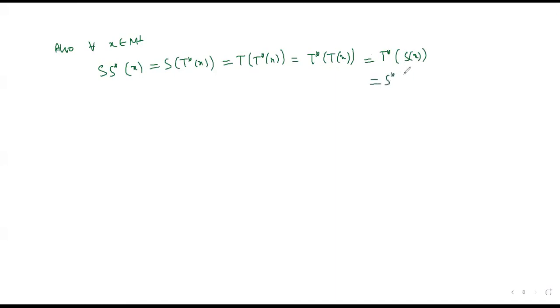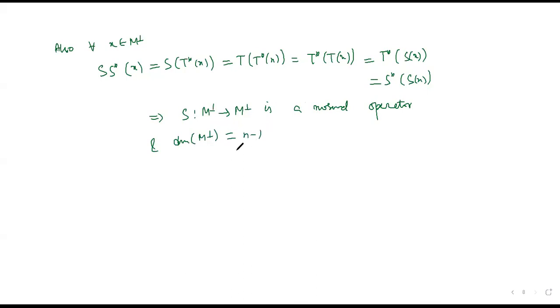That is the definition we just made. So that means S from M perp to M perp is a normal operator, and the dimension of M perp is equal to n minus 1.